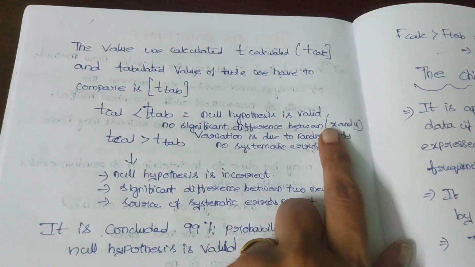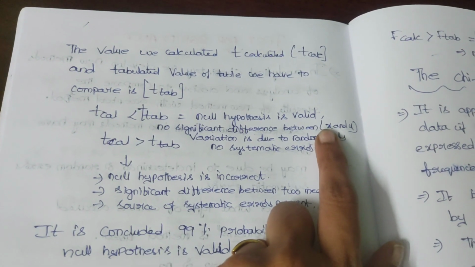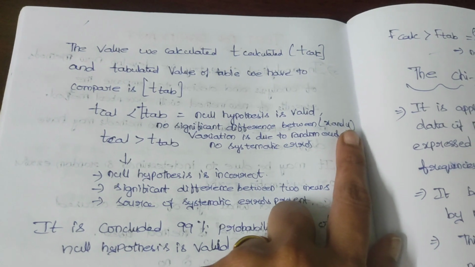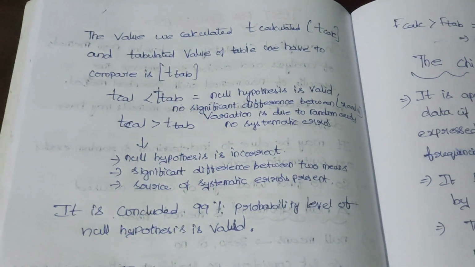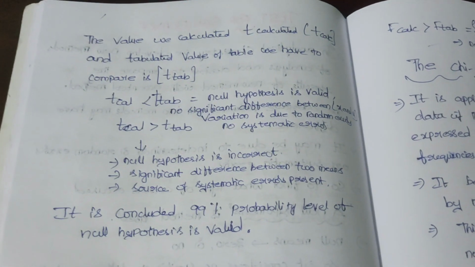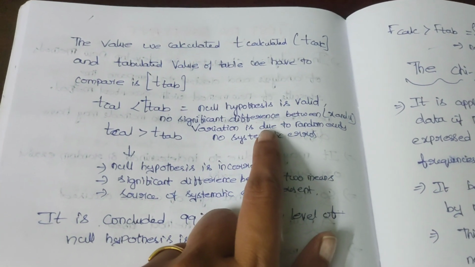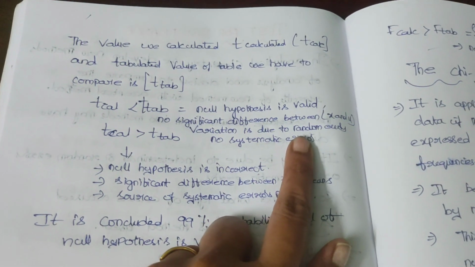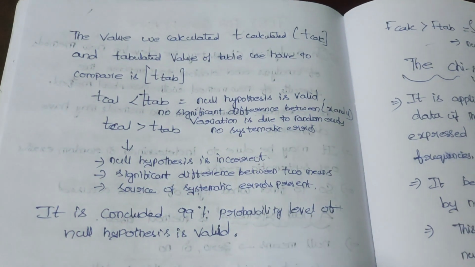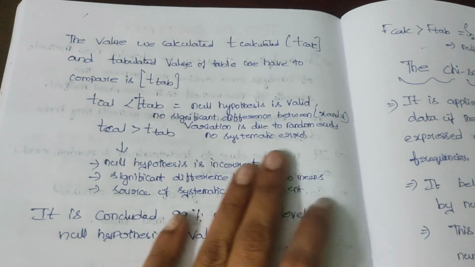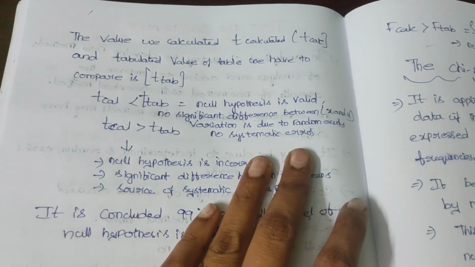I already told you x is the mean which we calculated and mu is the population mean. So there is no significant difference between them, so we can accept this new method. The variation which occurred is maybe due to random errors or indeterminate errors. There are no systematic errors present in this.